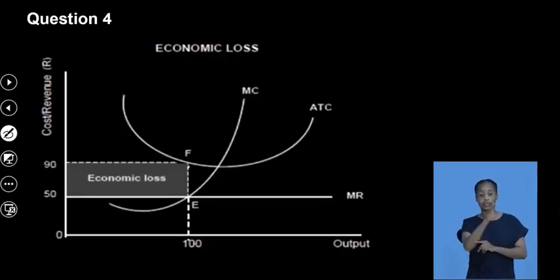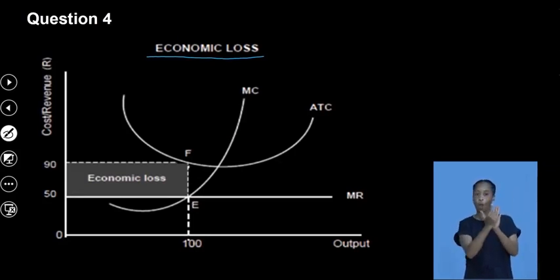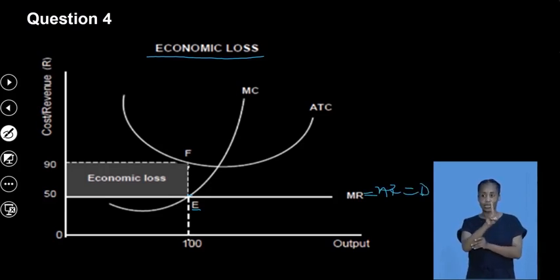Let's go look at the graph. We are given a graph, and normally graphs come with a heading. This one says economic loss. As you can see from the graph, this is our profit maximization point E, and this is our AR. Normally AR equals D. On the vertical axis is our demand curve and our AR curve.